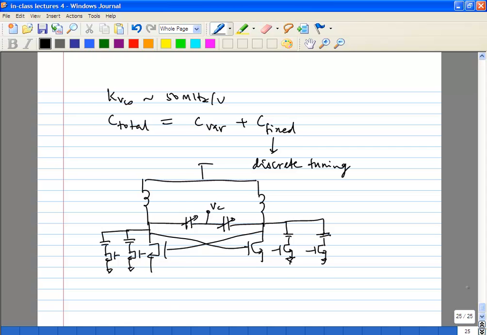Each one of these will have a bank of capacitors with a series switch.